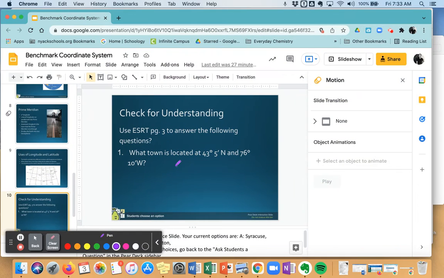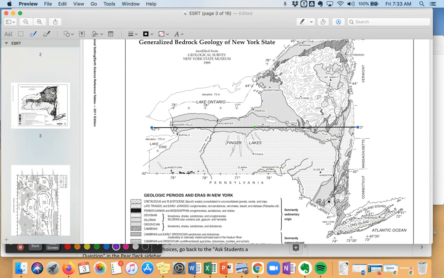And then the other thing we need is the longitude. So 76 degrees, 10 minutes west. So if we look at the bottom, we can see here's 75, 76, 77, 78. So if it's got any of those minutes with the little apostrophe, that means past that line.